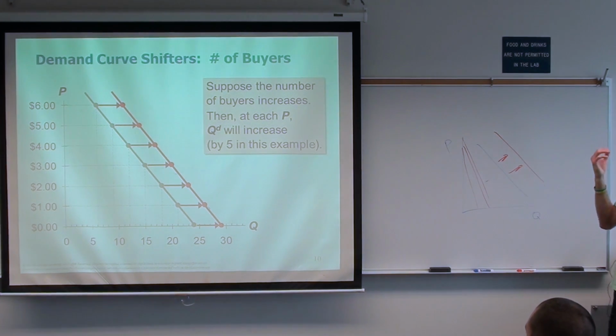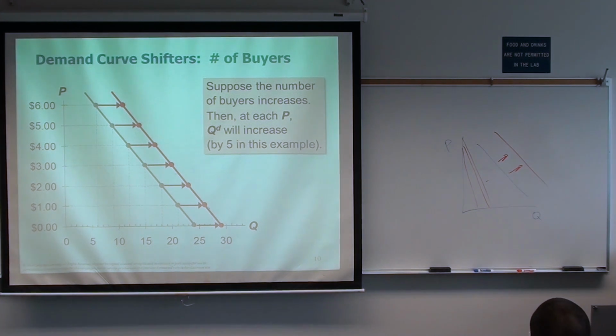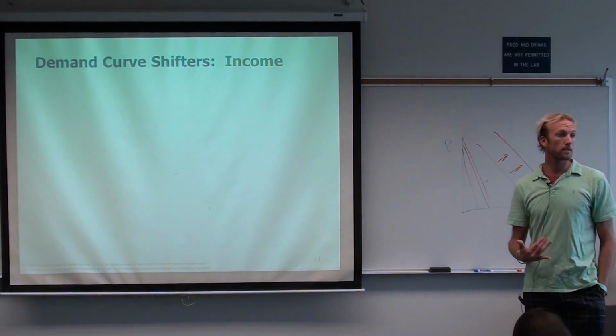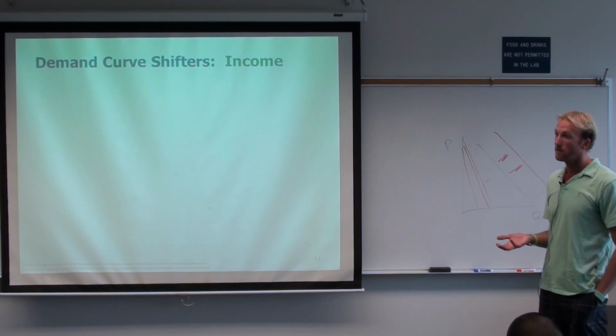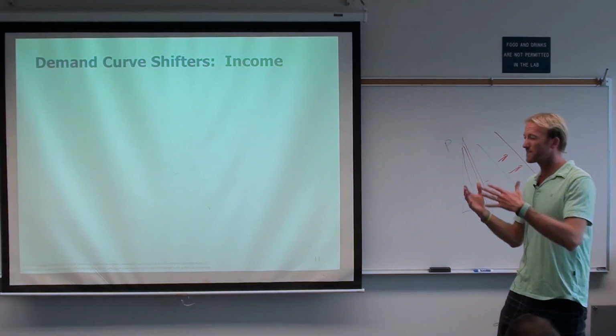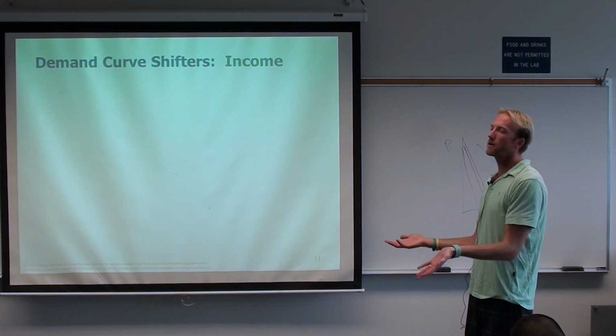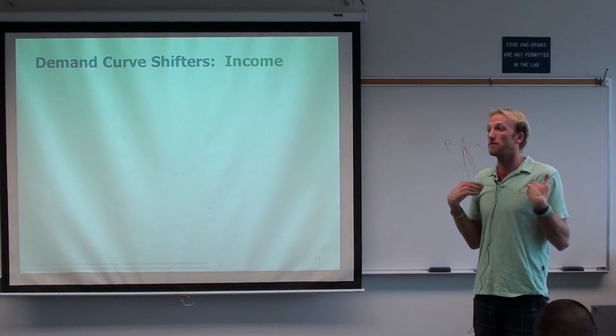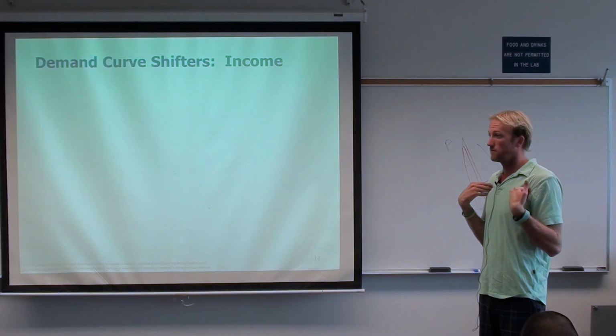Okay. So that's if buyers increase. What about if income changes? If the income of the people buying the product goes up, right? If I go to the store and there's lattes and I'm only able to buy 4 every week, but then I get a raise, what's that likely to do to the number of lattes that I demand?